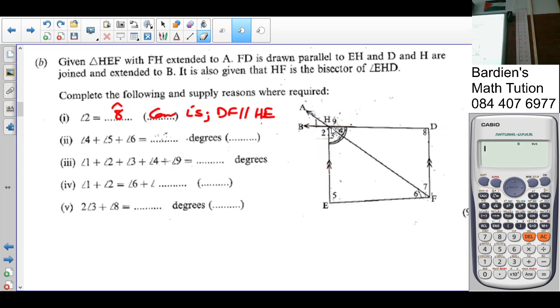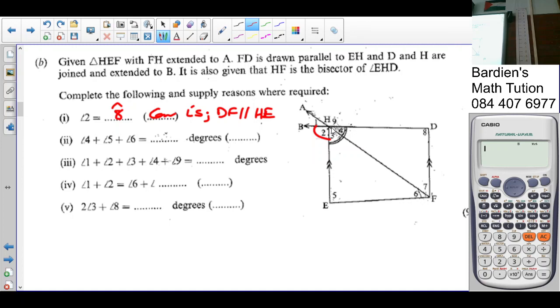Okay, somebody else said something else? You said angle 2 is equal to angle? Somebody else said angle 2 is equal to angle 5? Is that what you said? But it's fine. It's okay to make a mistake.